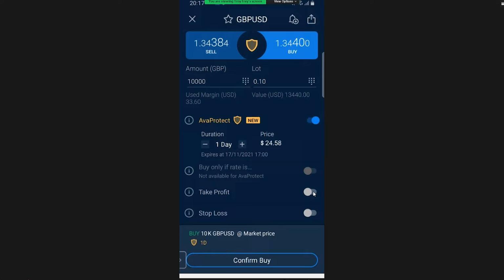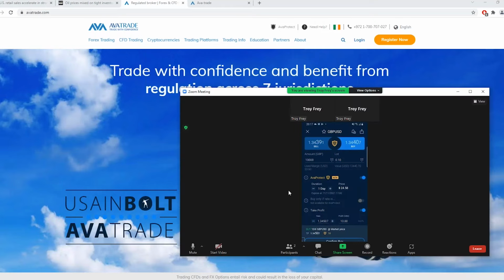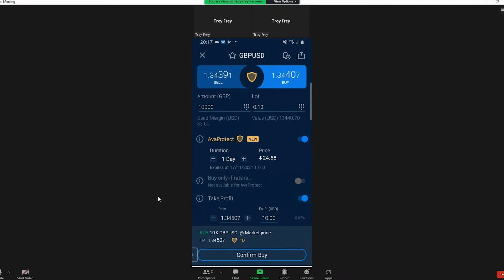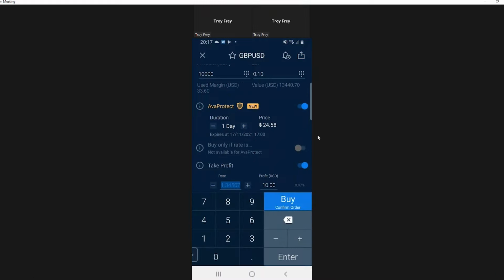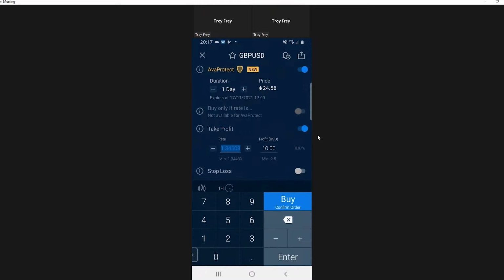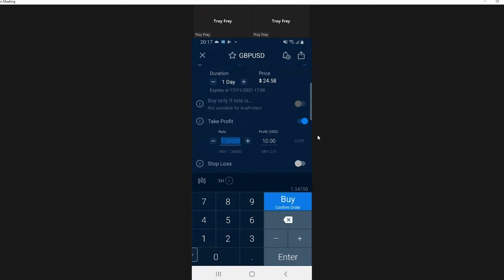Okay, and my take profit, I can program at some place that makes sense based on the signal. And let me expand that again. And so if I want to put my take profit at, let's say, 1.348, okay, my potential profit is more than what the risk is with the protection.